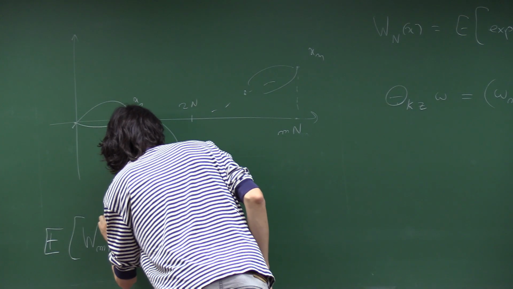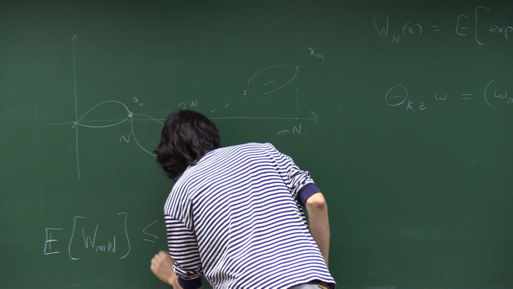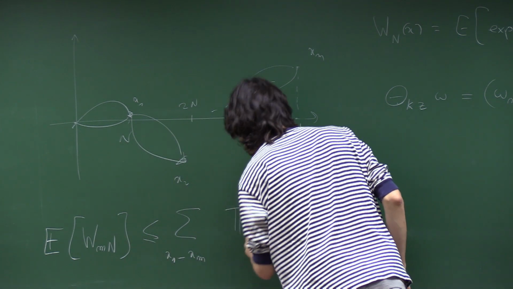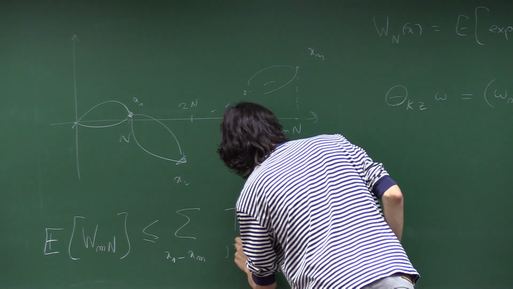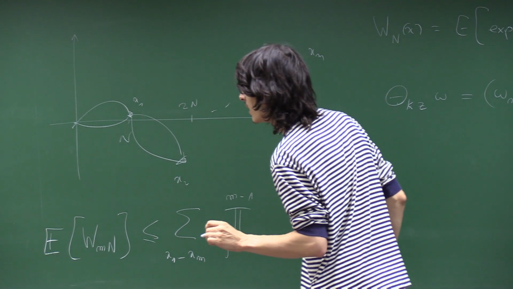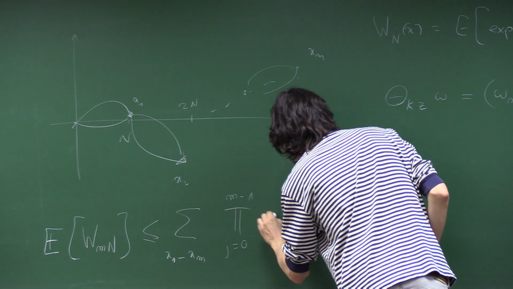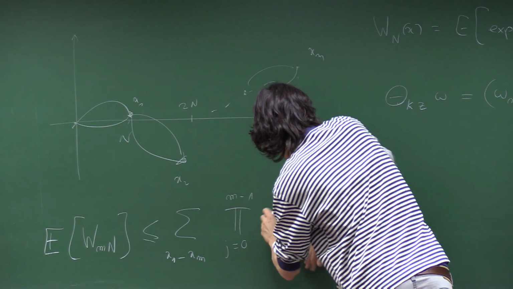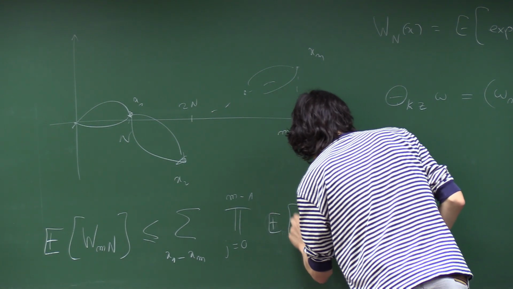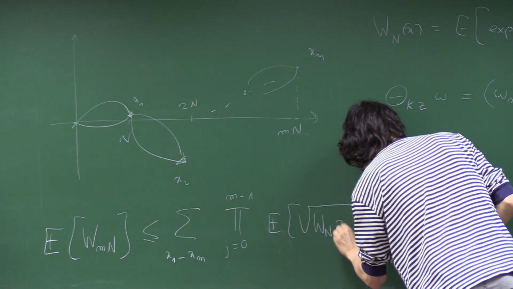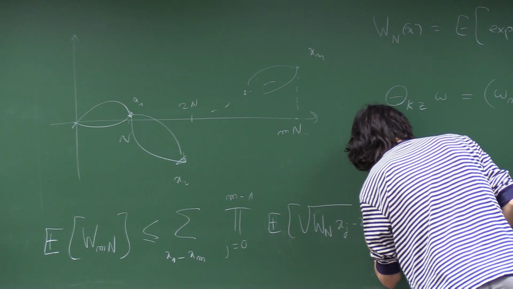So therefore, what you get out of this is that the expectation of Wn is smaller than the sum over x1, ..., xm, times the product from j equals 0 to m minus 1 of theta mj, of the expectation of square root of Wn, xj minus xj minus 1.